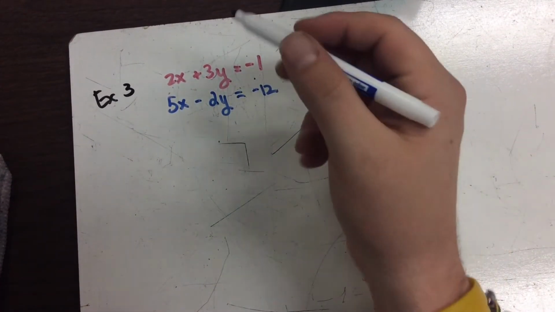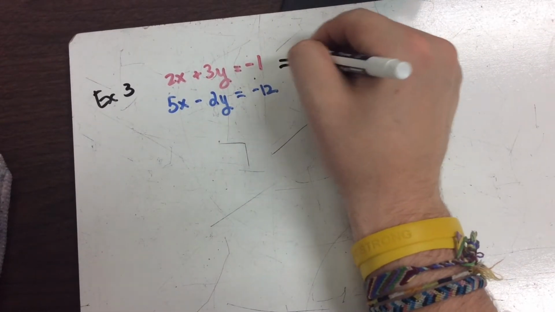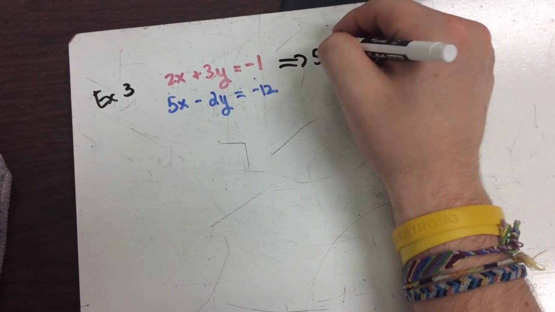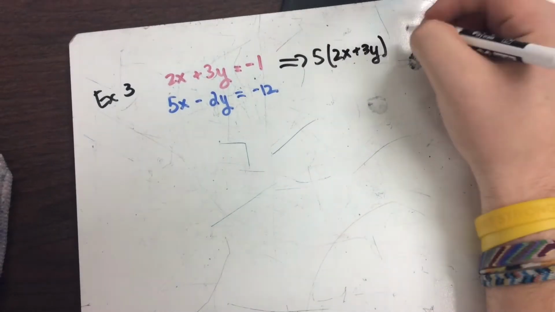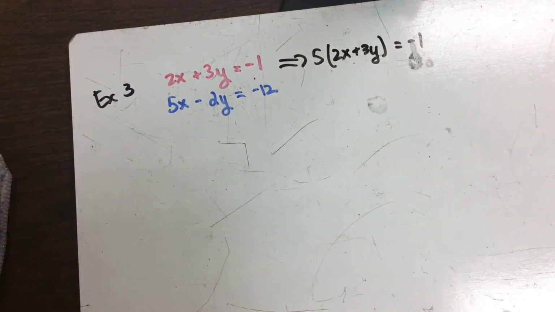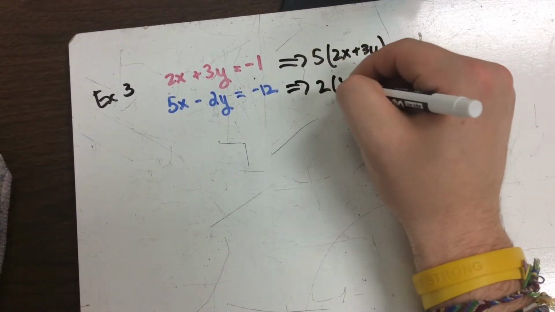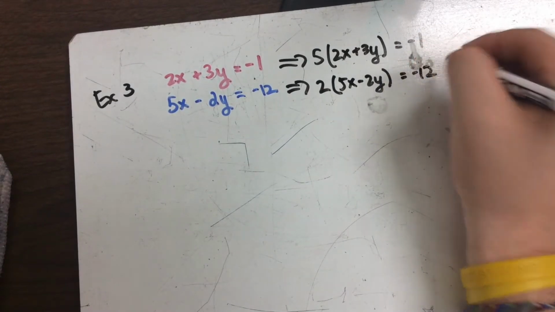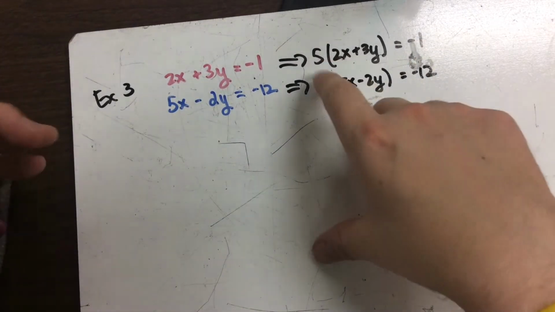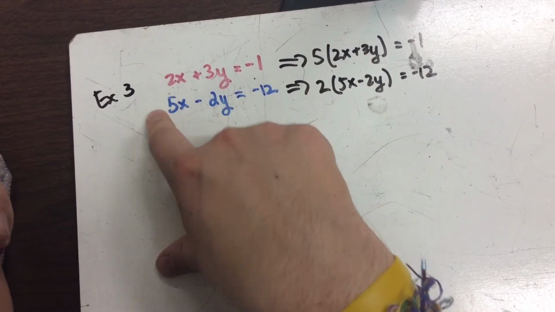What that looks like is I'm going to multiply the pink equation by 5. So -1. And I'm going to multiply the blue equation by 2. By doing this, I'm guaranteeing I'm going to get a 10x on both the top and the bottom.